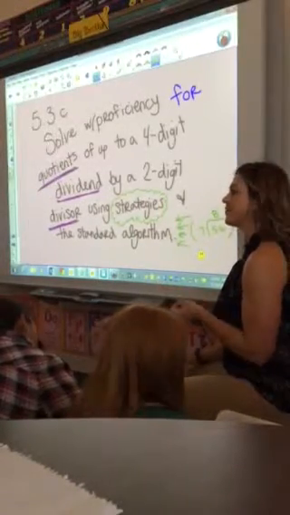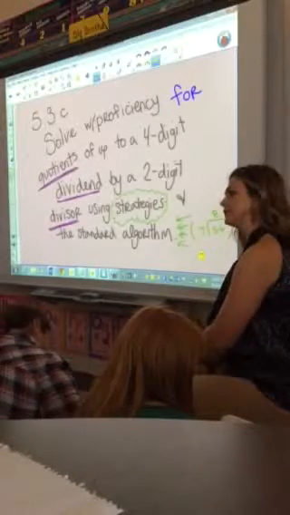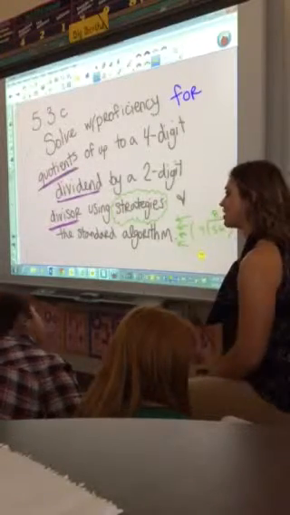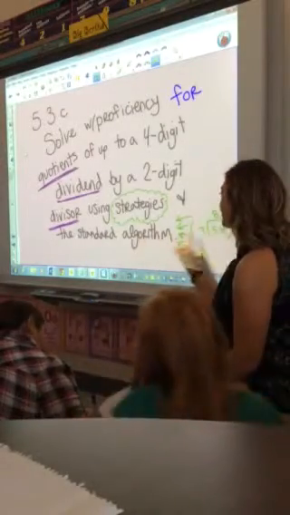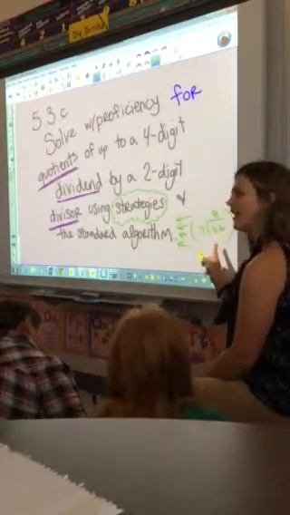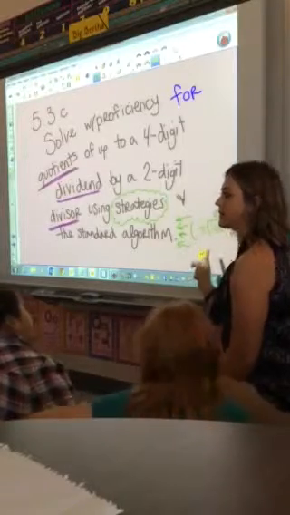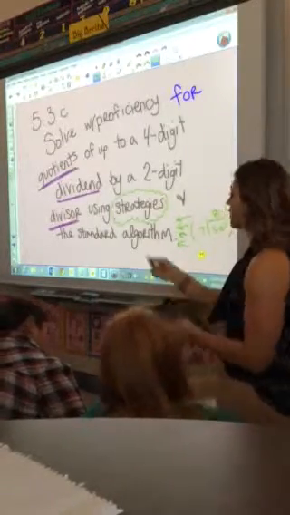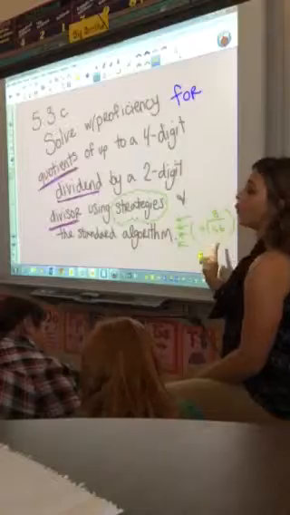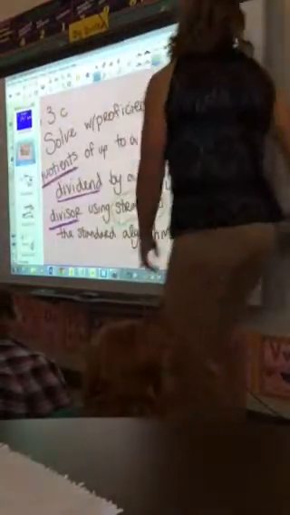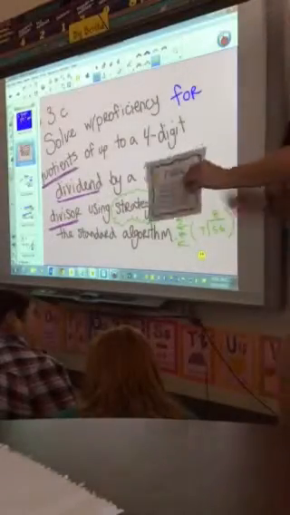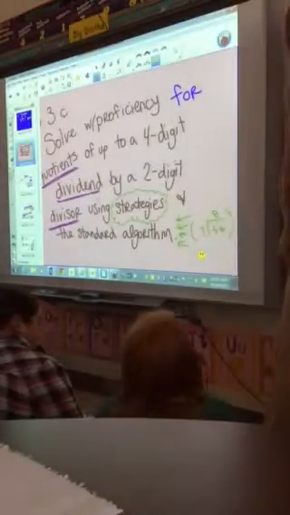Some of them may be something that you're like, okay, I see that that's one way to get to the answer, but it might not be your favorite way. The standard algorithm is the way you're used to seeing division, and you're accountable for knowing how to use this well. I have it listed right here, and it's hanging up on my wall at all times while we're learning division.